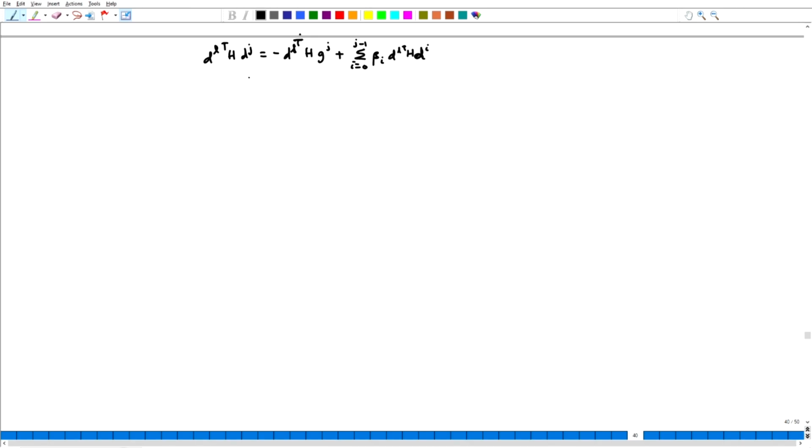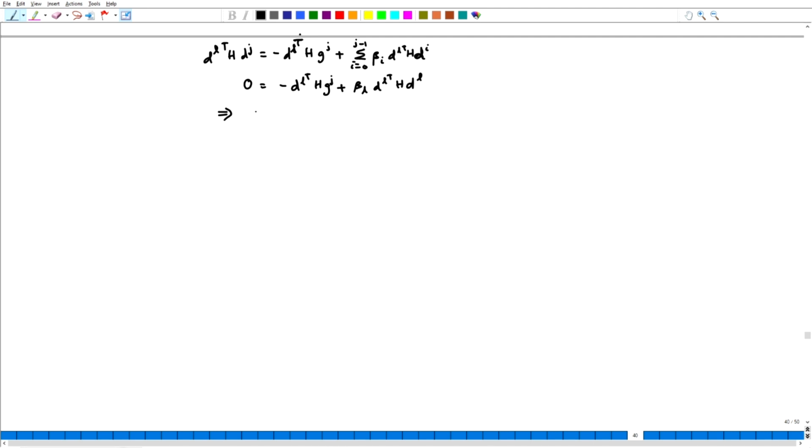So, what happens is this is 0 and this is minus dL transpose H gj, and the summation is 0 if i is not L. So, you will have this as beta L dL transpose H dL.